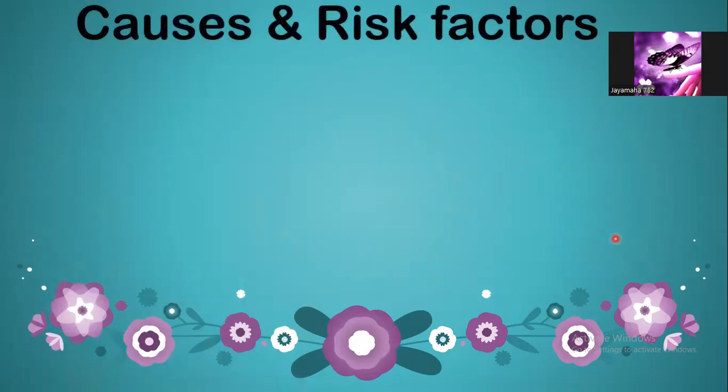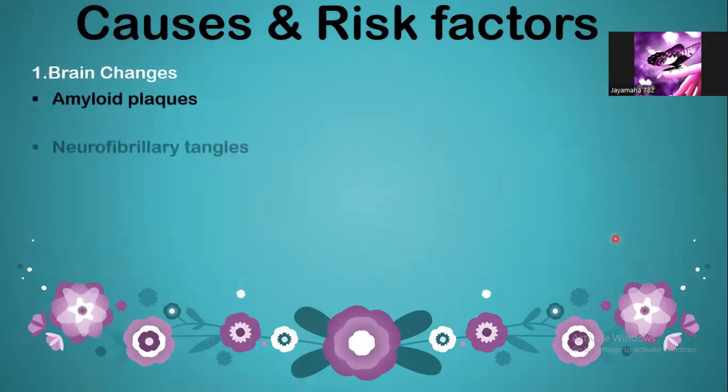In this slide, let's learn about the causes and the risk factors of Alzheimer's disease. The exact cause of Alzheimer's disease is not fully understood, but it's believed to be a combination of genetic, environmental, and lifestyle factors that lead to the death of brain cells.